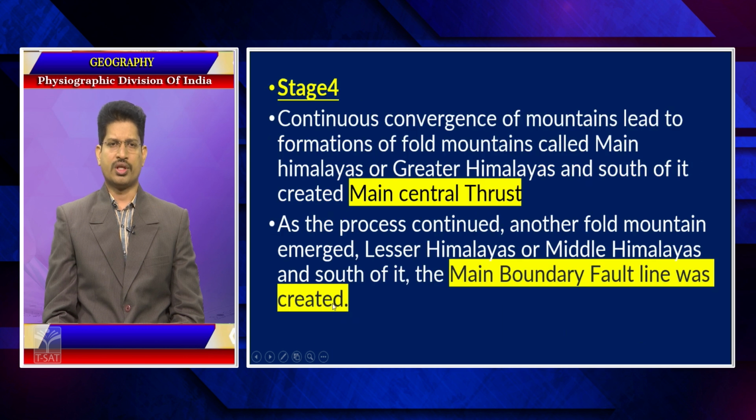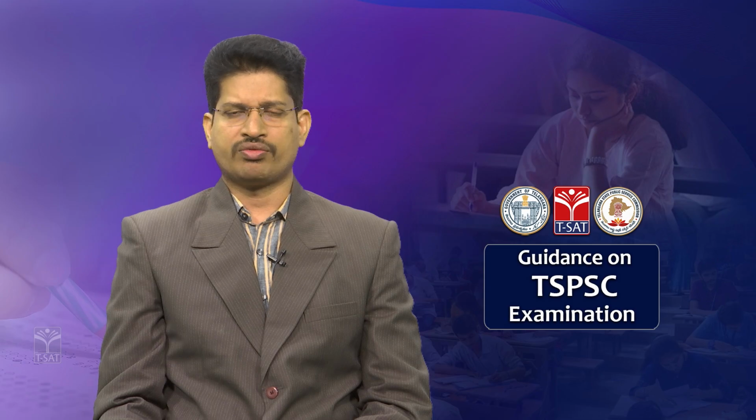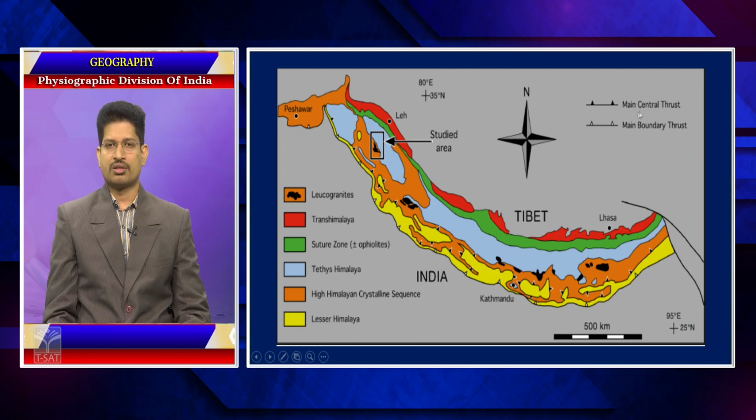Next, the fourth stage led to the formation of the Main Central Thrust. This is where the Main Central Thrust has been formed. In the map being projected to you, the Main Central Thrust is identified with these dark pointed marks.